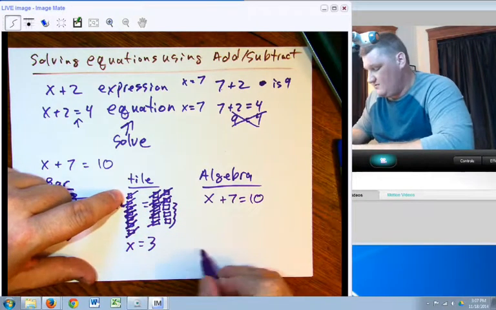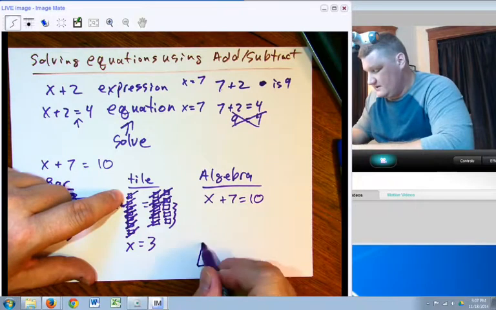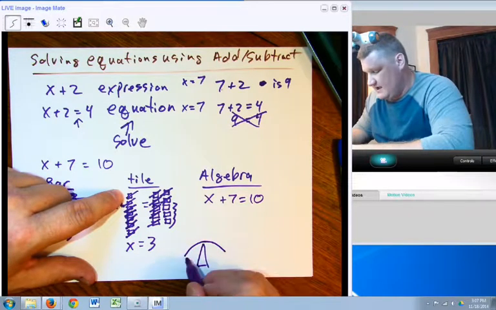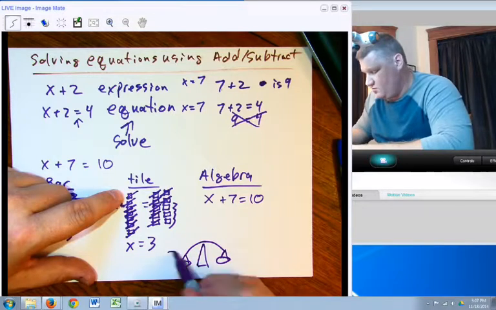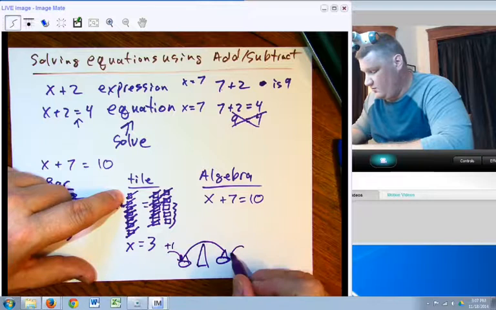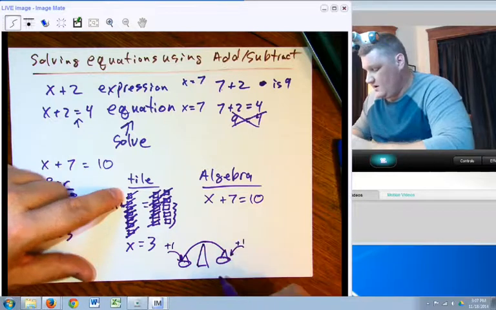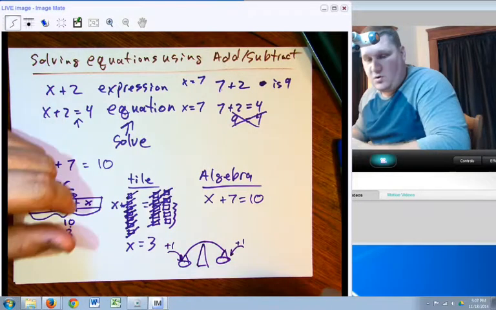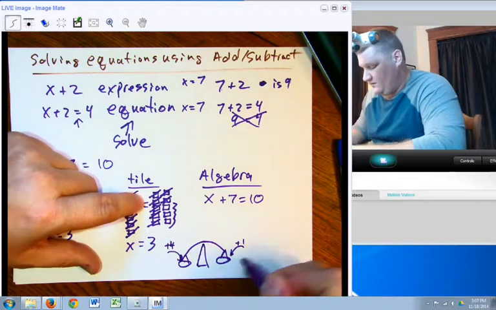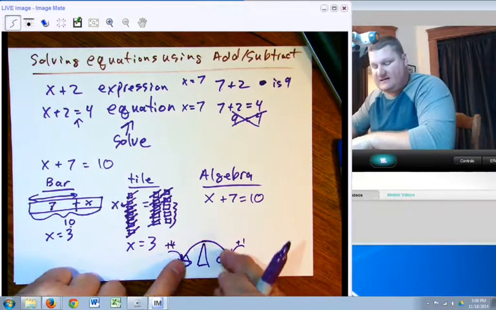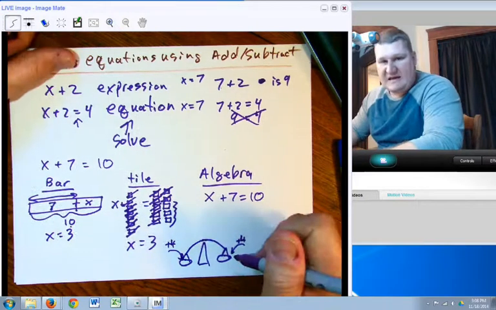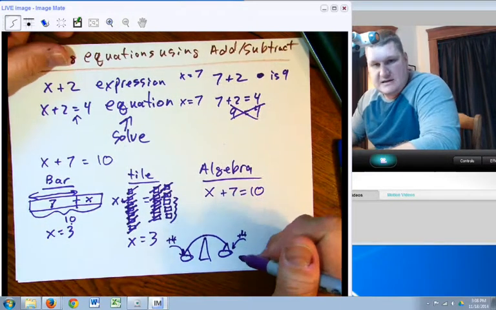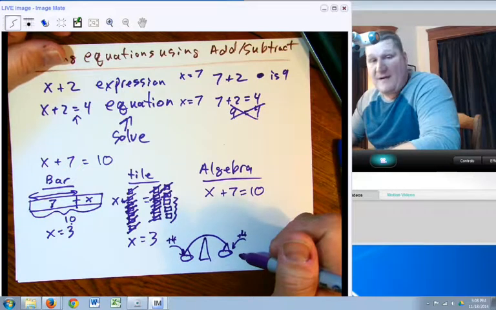The way to think about algebra is to think about a scale. And whatever I do to one side, if I put one block in over here, I best put one block in over here, otherwise things don't stay equal. If I put 4 things over here, the scale is going to tip unless I put a whole 4 things over here. So the key here is called balance. And that's why we call it balancing equations.